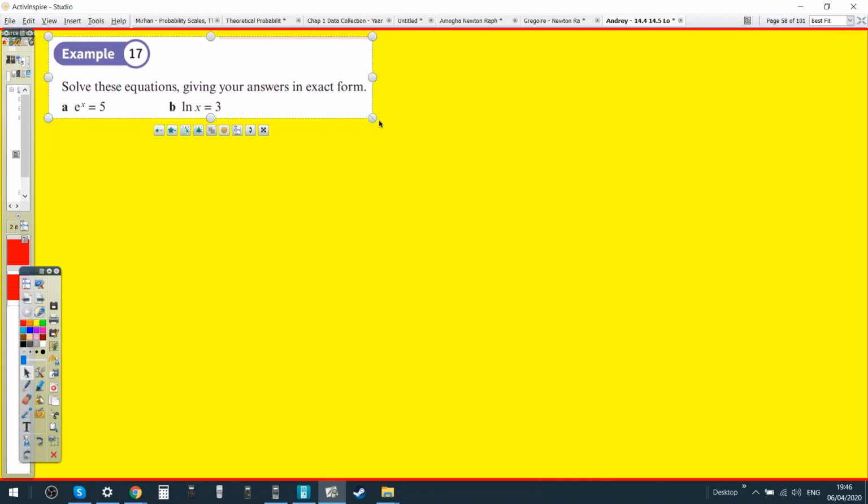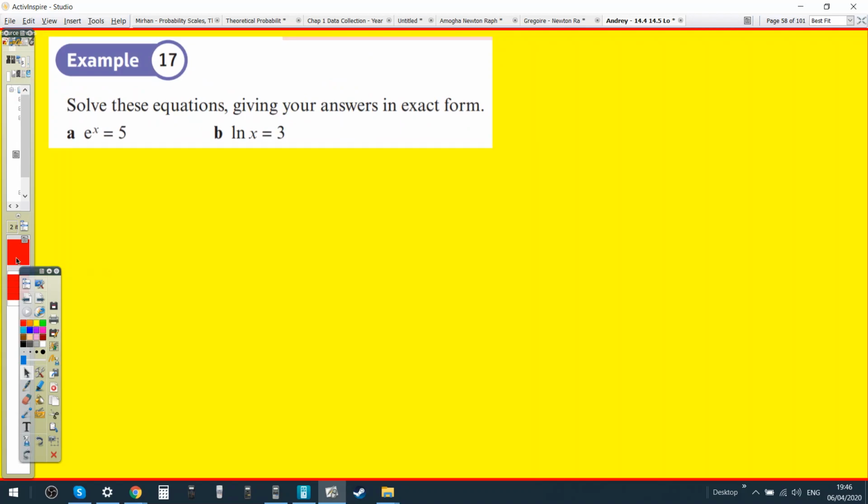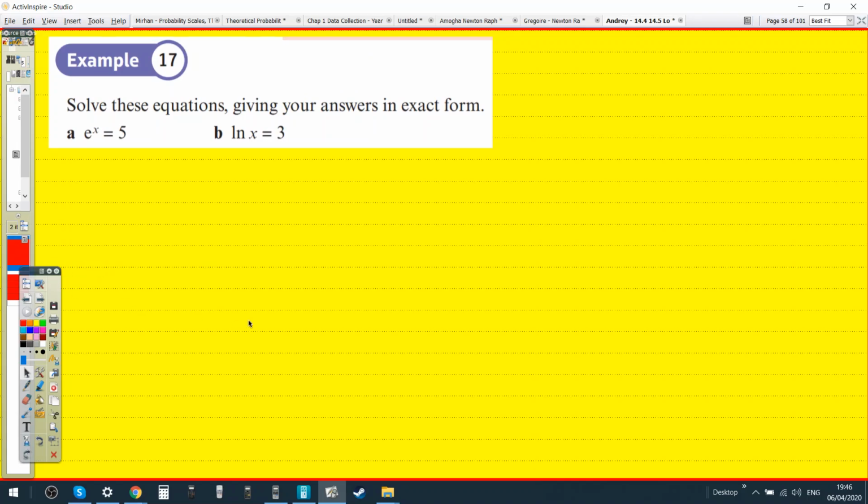Okay, so how would you do question A? They want an exact answer, and so the calculator will give you an approximate answer, so we can't use that. So I can't put that into my calculator.